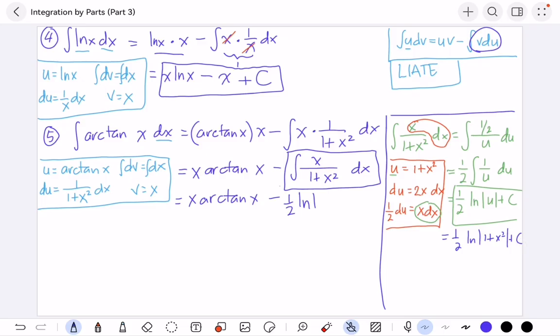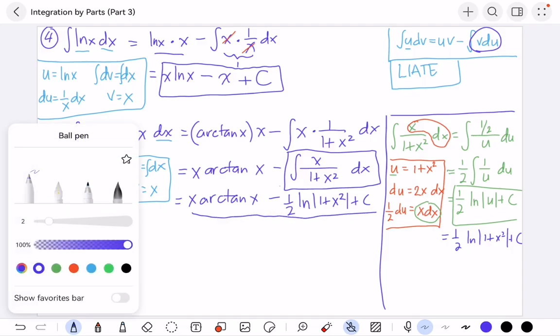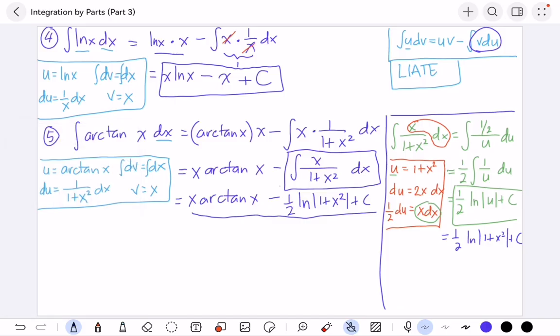So this is the general antiderivative. Now we proceed by finding the definite integral.